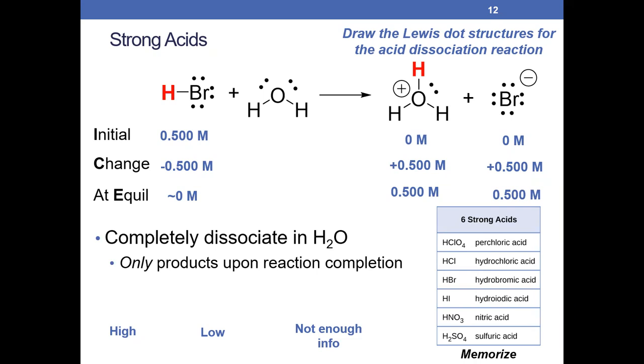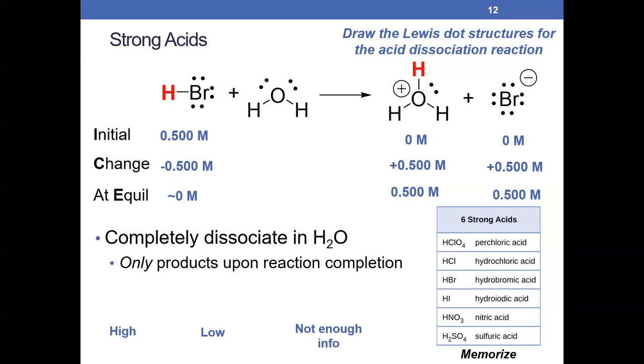HBr is an example of a strong acid. We define a strong acid as completely dissociating in water. What we mean by that is all of my HBr is converted into products, so functionally, I have no HBr in my solution. We can put this in the context of an ice table. This isn't exactly an equilibrium reaction because we're just producing products.